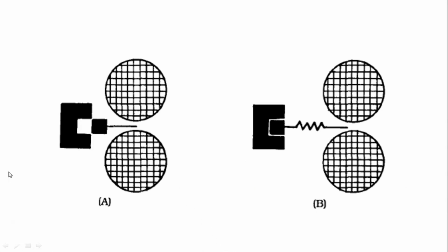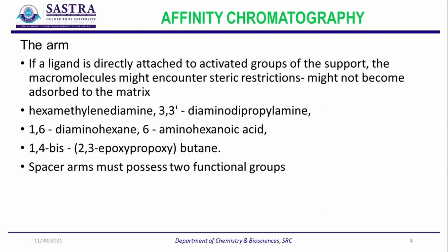It can be done in two ways, either overnight at pH 9, or at room temperature but gently and continuously stirred for 2 hours, and the matrix is extensively washed in order to remove any unbound ligand.